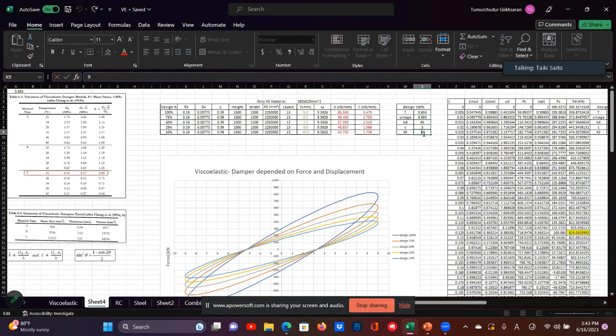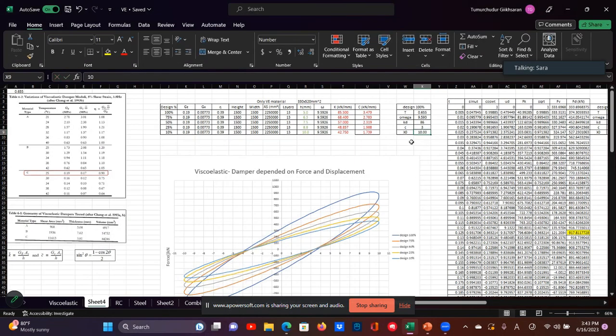Could you put another number here? So the force is increasing, and this force will be larger than the capacity of the beam. Yes. So how do you control this if the displacement is larger?